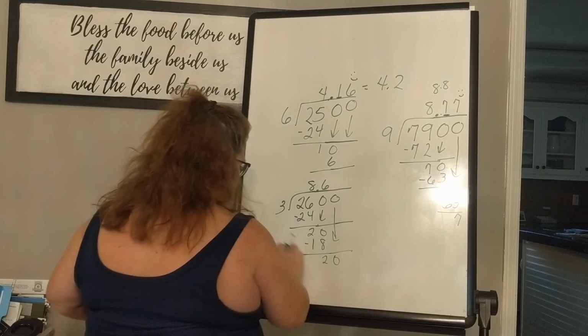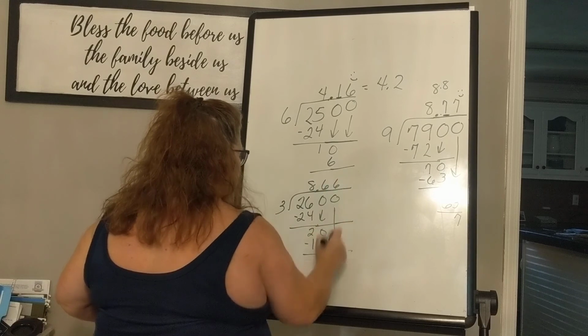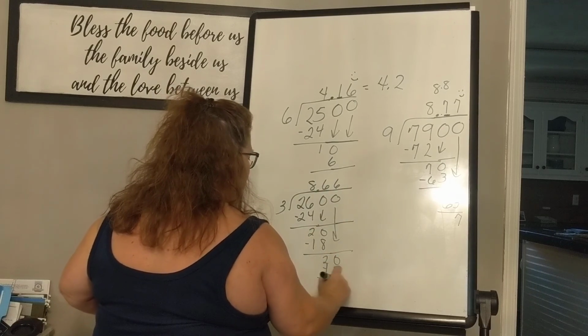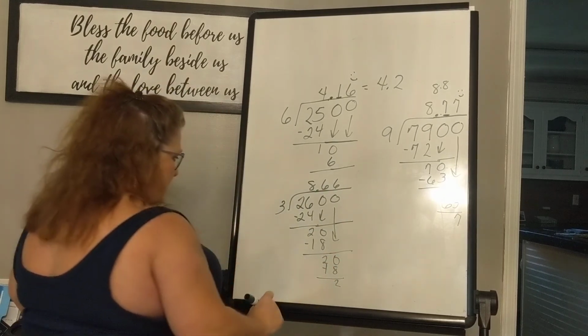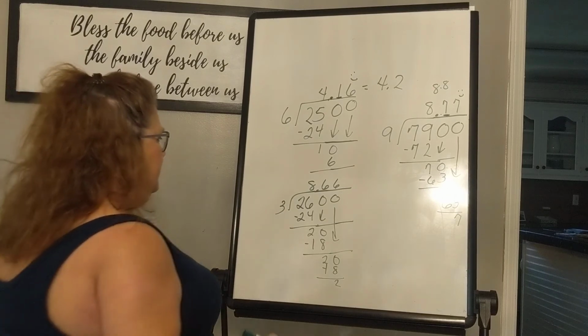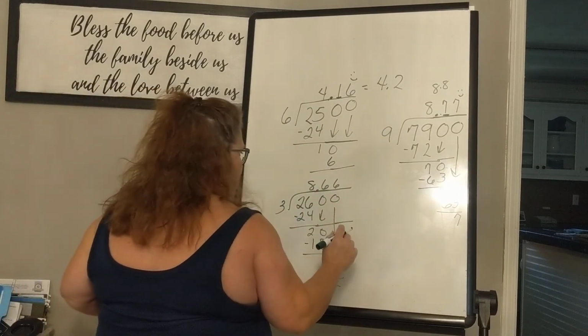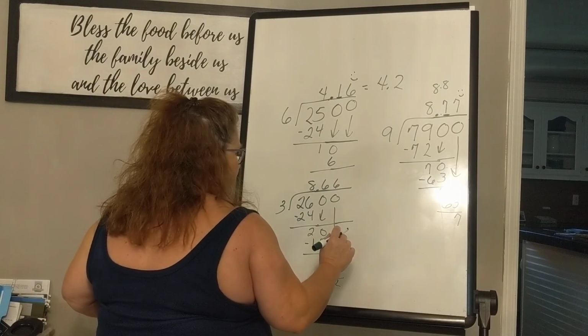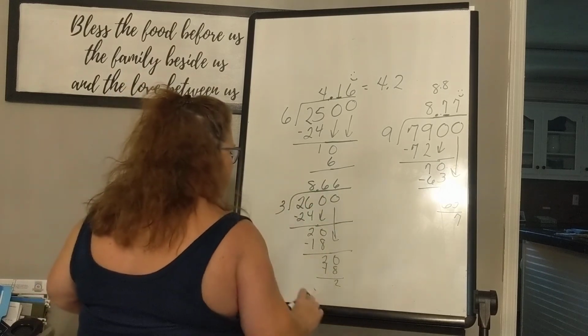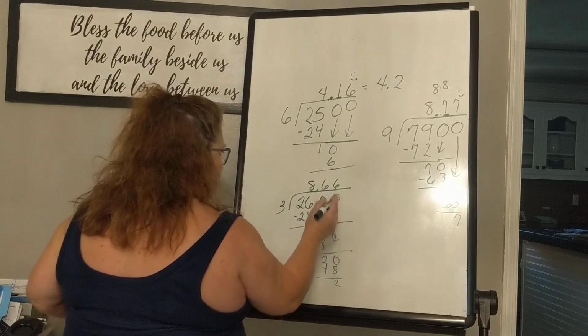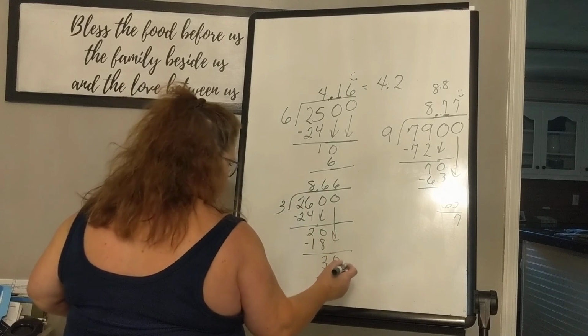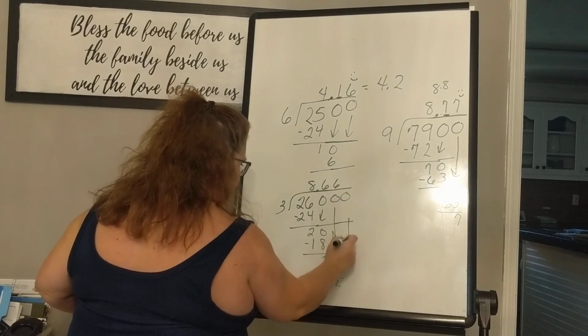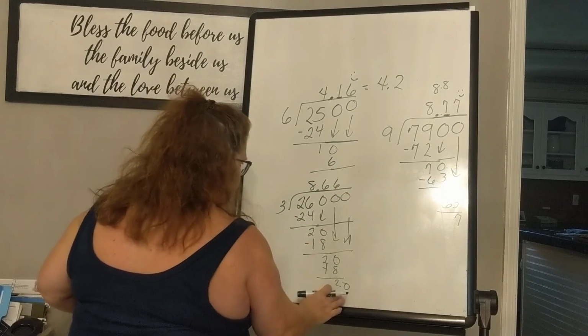How many times will 3 go into 20? 6 times. Subtract, it's 2. Okay, so 8.66. Oh, we gotta go out again, because we're rounding to the nearest hundredths. So we annex a 0, we bring it down. How many times will 3 go into 20?